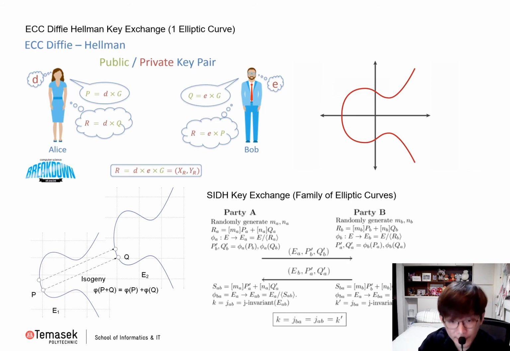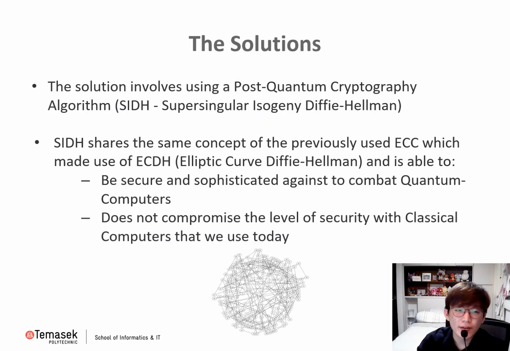I know it looks complicated here, but it's basically the same thing, just a bit more complicated. But as long as you get the concept that this is one elliptic curve and this is the family of it.